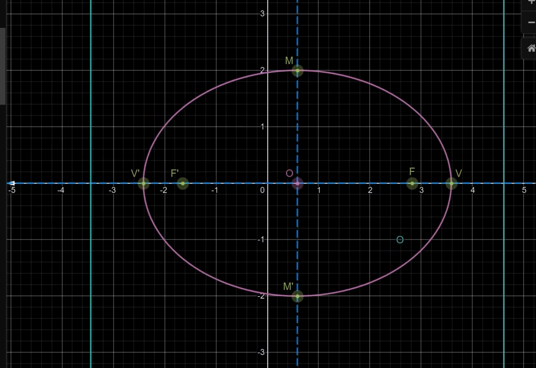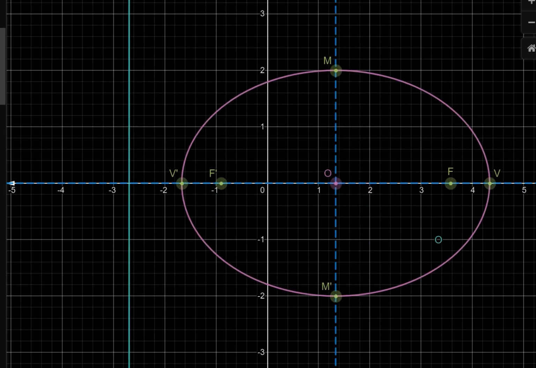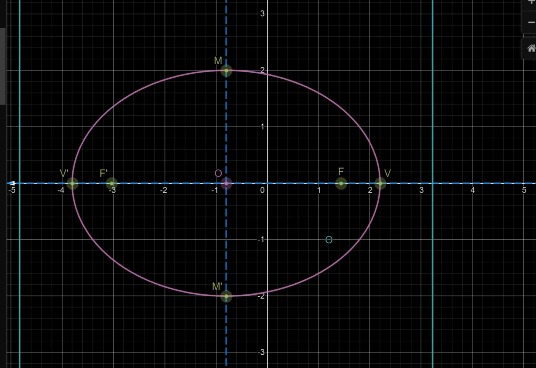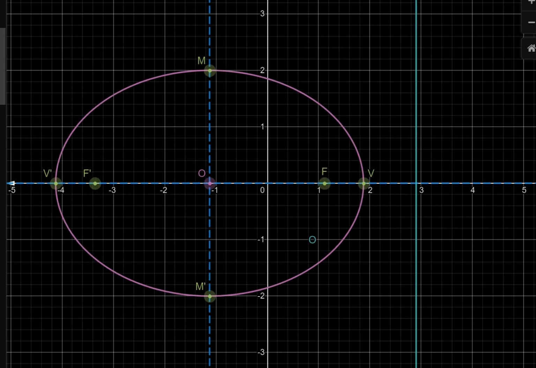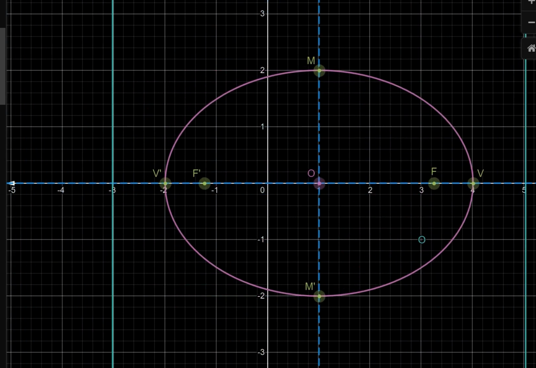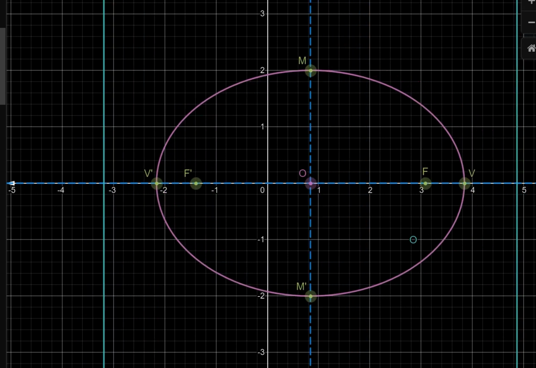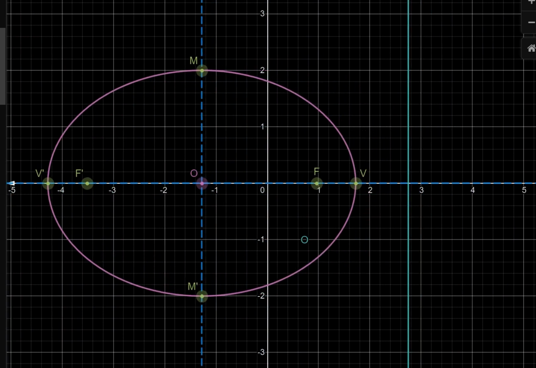So if the value of h increases, it moves right, and if h is negative, then it moves left. That is the horizontal translation. The equation changes to (x minus h) whole squared divided by a squared plus y squared over b squared equals 1. Correct?